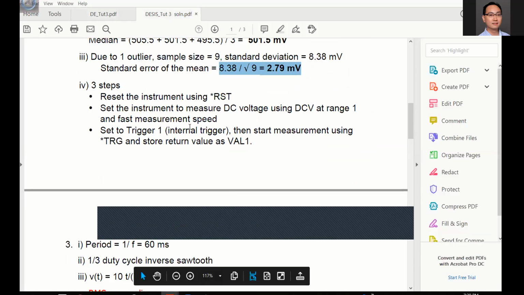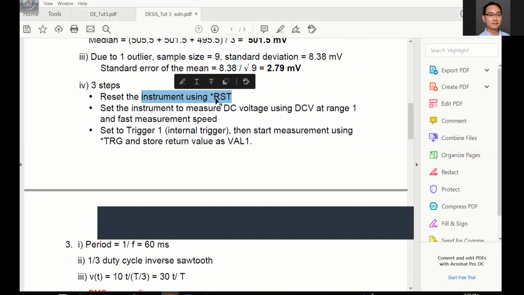So basically, first thing first, you reset the instrument using this particular command called RST. Then you set the instrument to measure the DC voltage, right? Using this command DCV at range 1, for fast changing measurement.